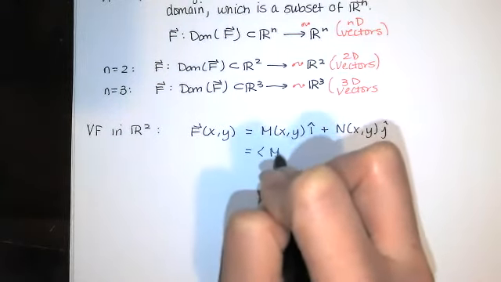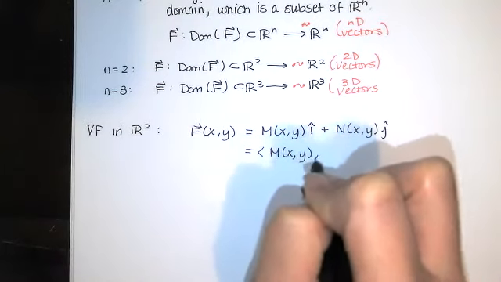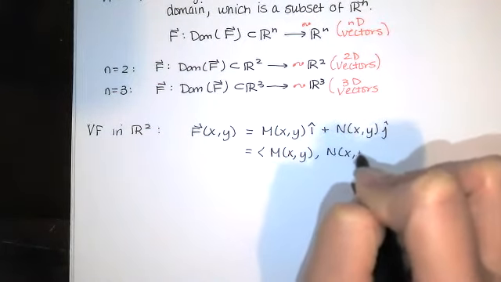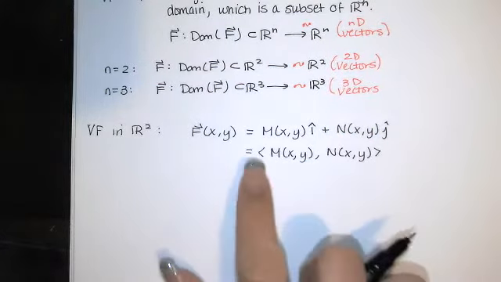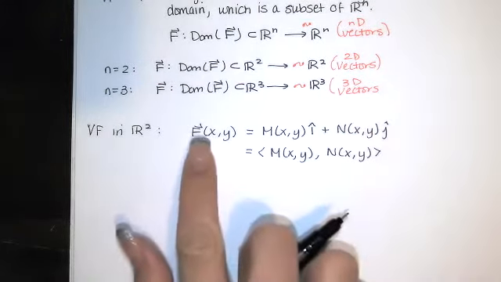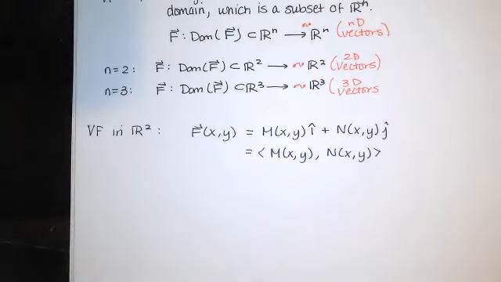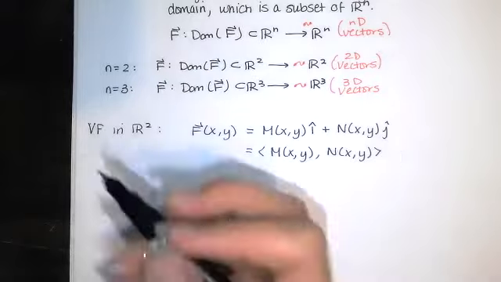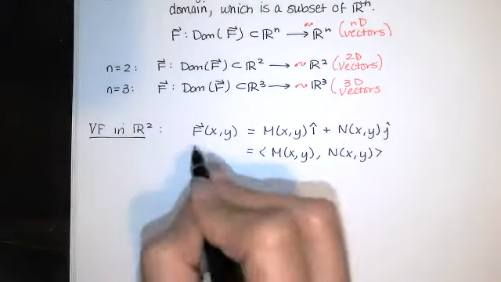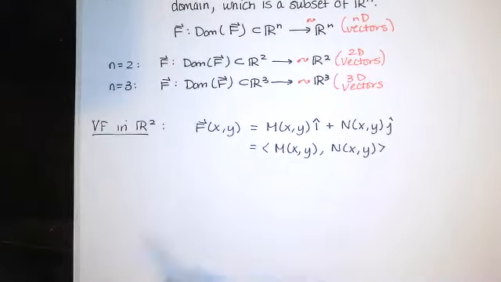Or we can use this component form, which I think is more convenient. It's a little bit shorter. So this is going to assign a 2D vector to every point xy in the domain of this guy. And F will be continuous if the component functions M and N are continuous.